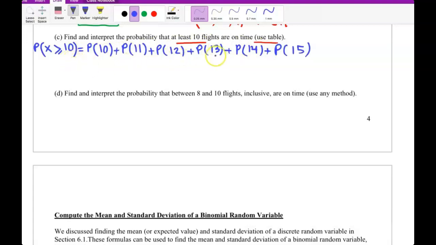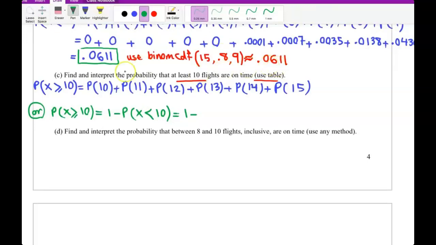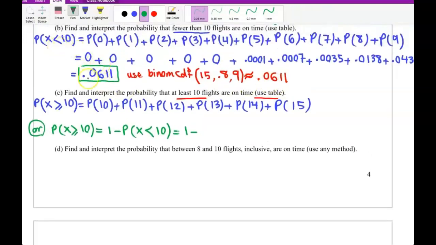Or we can use, using that one, using table, or we can use this one. So probability of X greater than or equal to 10, that is equal to 1 minus probability of X less than 10. So 1 minus, from the previous part we got this number, so this is probability of X less than 10.